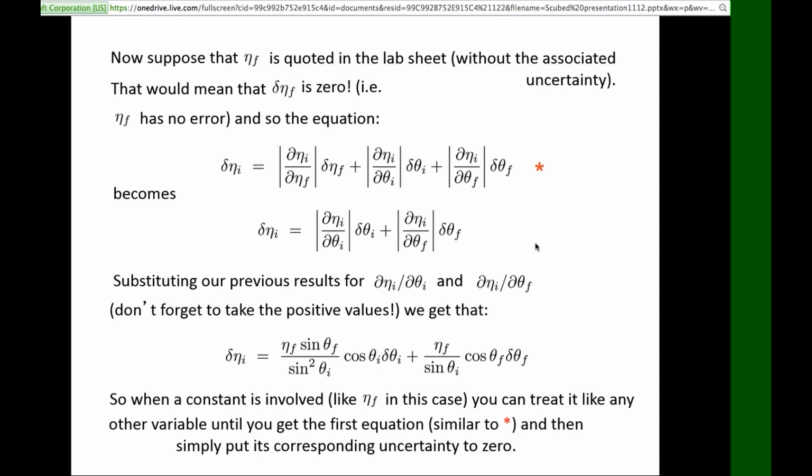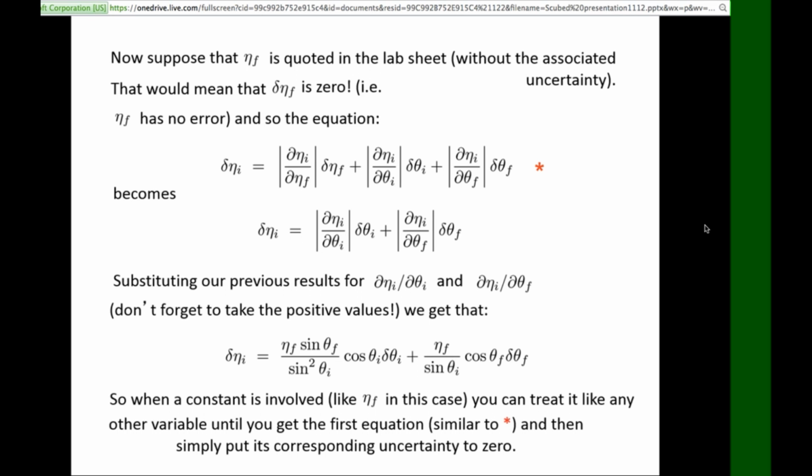What I mean when I say a quantity that has no error in this case is a quantity that you're quoting from a textbook and you're deciding to neglect its uncertainty. For instance, if you're using Newton's constant of gravitation, errors from the experiment would probably be much more significant than the uncertainty in the constant, so you might choose to ignore it.